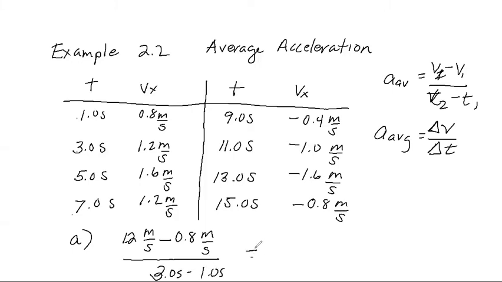So here we will get 0.2 meters per second squared. And note the units here. Acceleration has units of meters per second squared. So in this case, our speed is increasing.